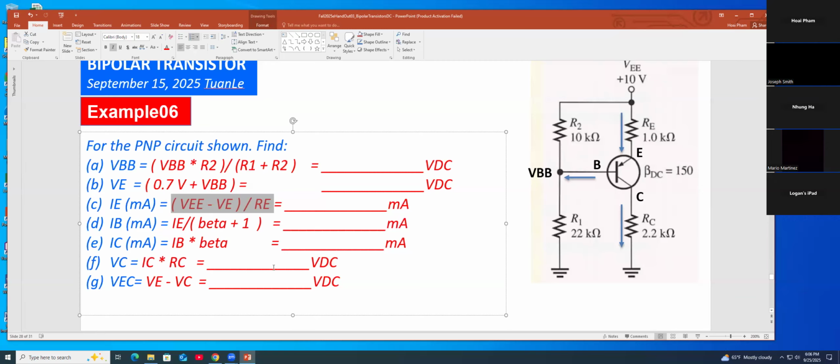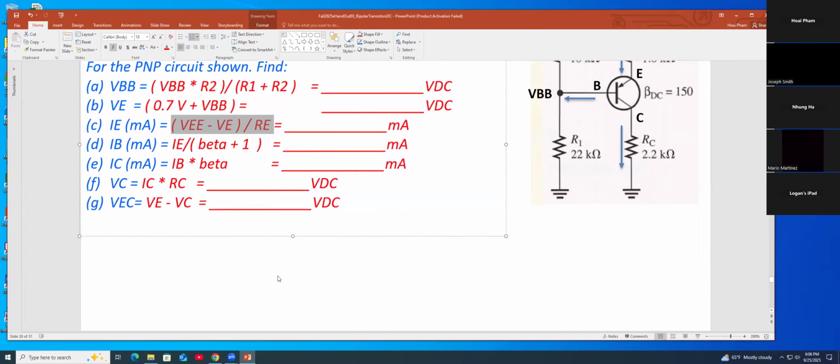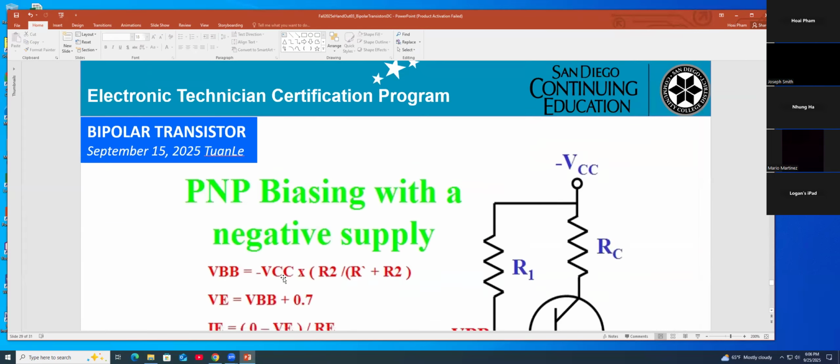Those are two calculations, one for NPN, one for PNP. Try to work through it. Make sure you know how to do the calculation. Any question? Otherwise, we can go quickly through it.